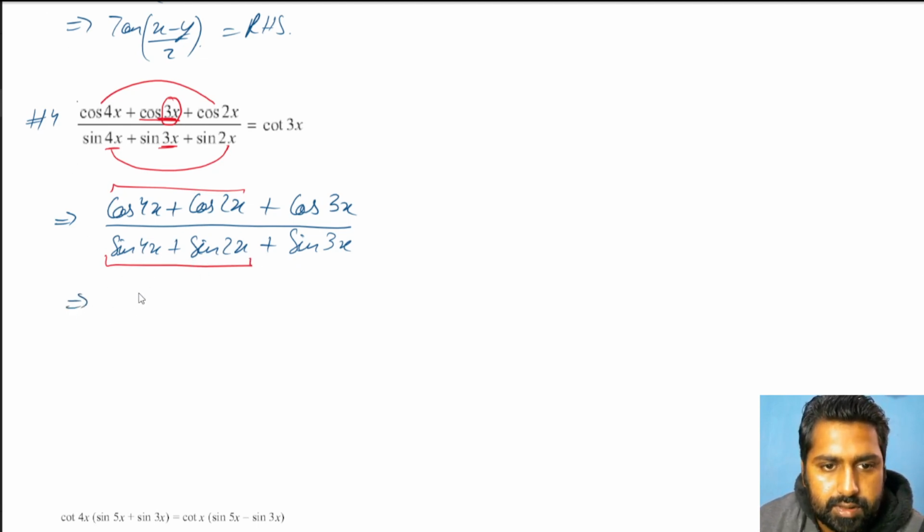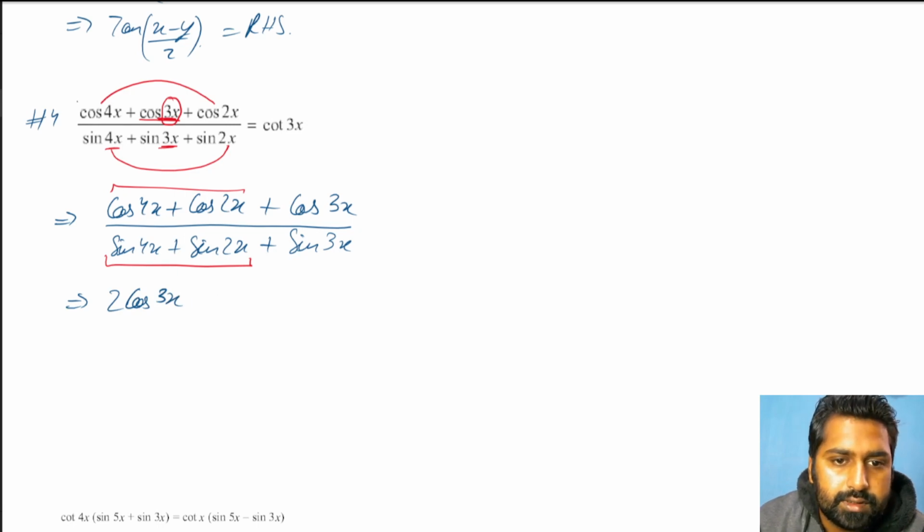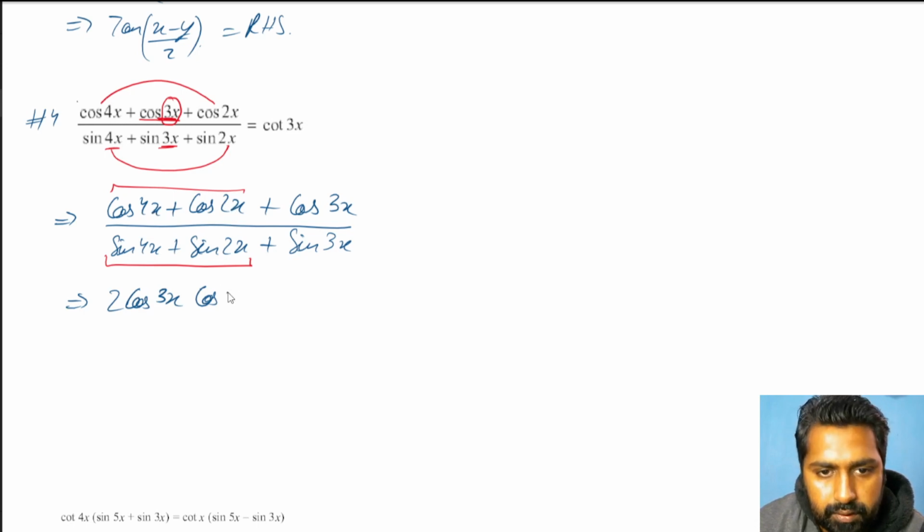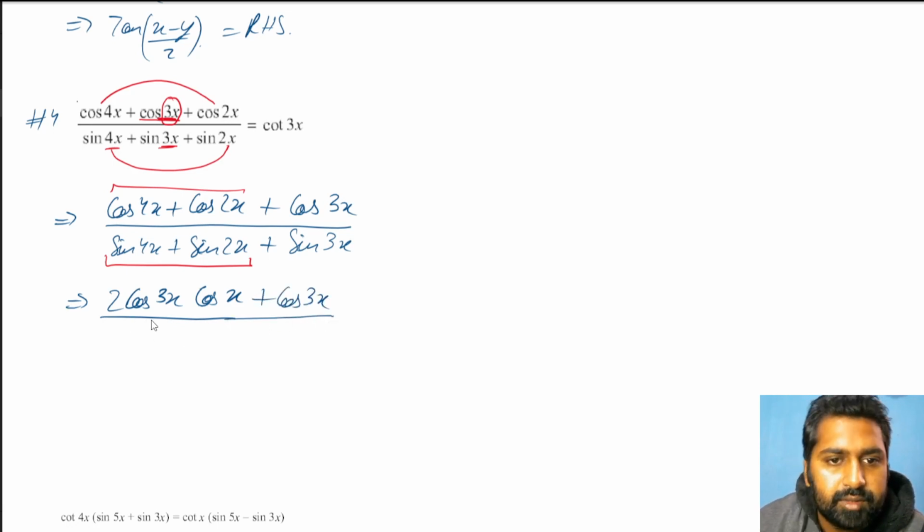So cos plus cos will be 2 cos, addition by 2, 4 plus 2, 6 by 2, 3x, cos, subtraction by 2, 4 minus 2, 2 by 2, 1, so x. Of course, cos 3x is already in the addition. Same thing in the denominator: 2 sine, angle added, 4 plus 2, 6 by 2, 3x, cos, subtraction, 4 minus 2, 2 by 2 is 1x.